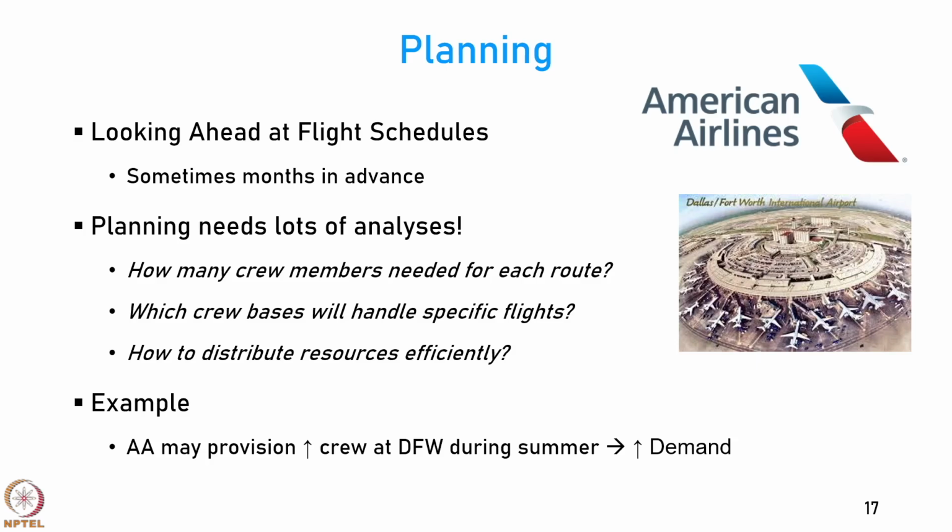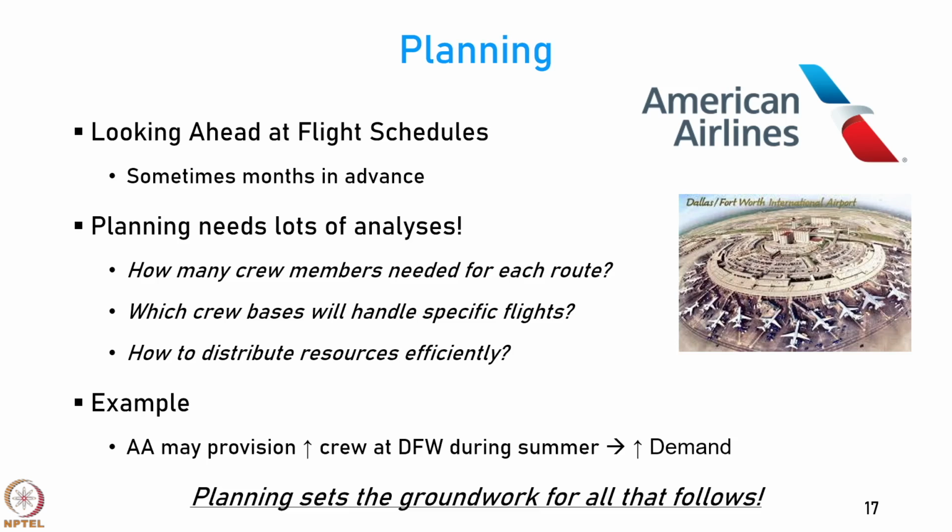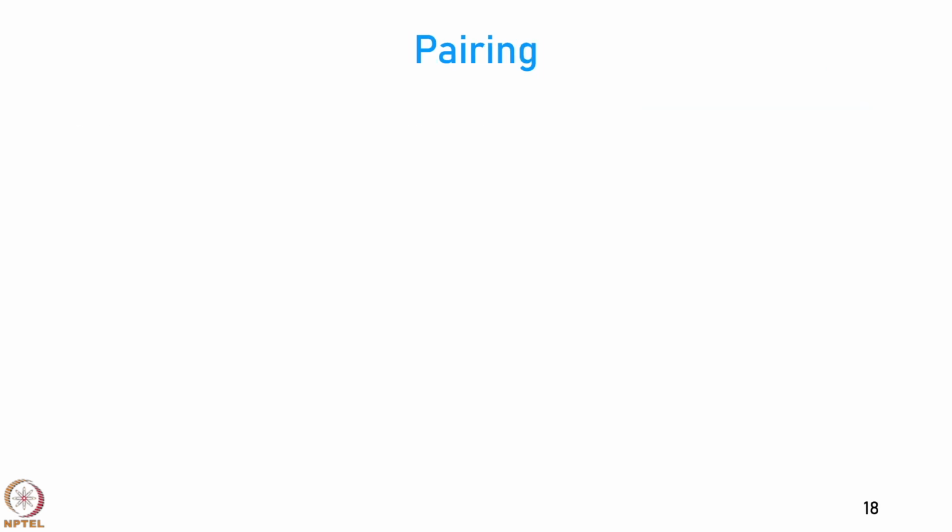So they have to plan in advance that when summer comes, they should have more pilots or crew members available at or near Dallas Fort Worth. Please note that the bottom line is that planning sets the groundwork for all that follows. So planning is extremely important, and sometimes it becomes the starting point from where a good schedule comes out.